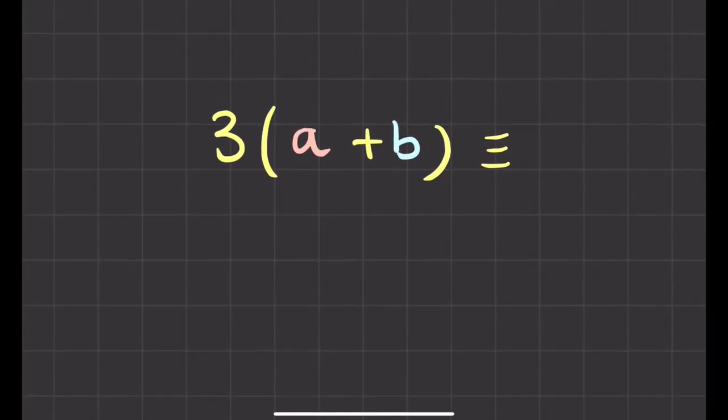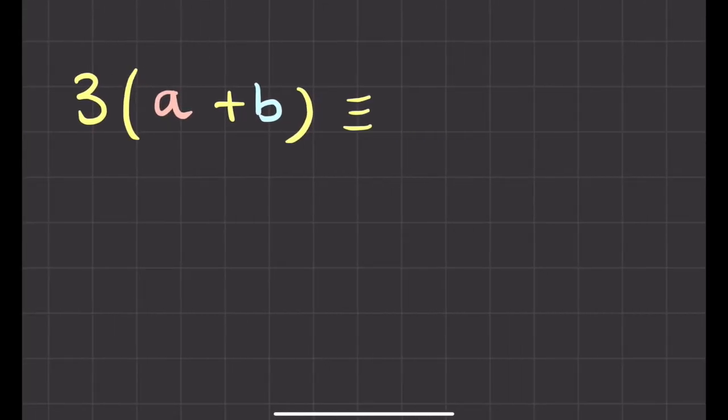Okay, so I've got this expression here on the left, and I want to write it but without brackets. I want to find an identical way of writing this but without brackets. So what have we got here? We've got 3 groups of everything.